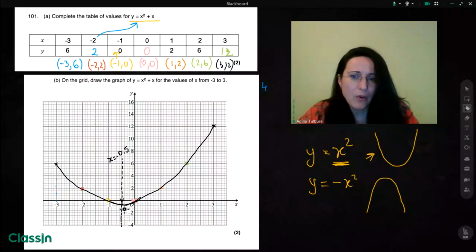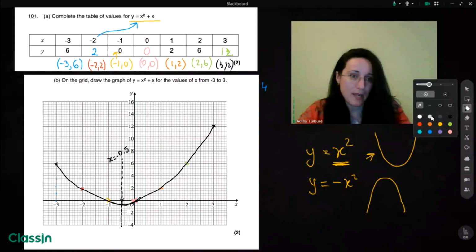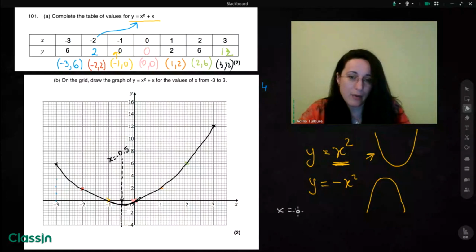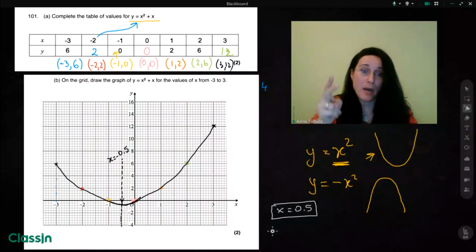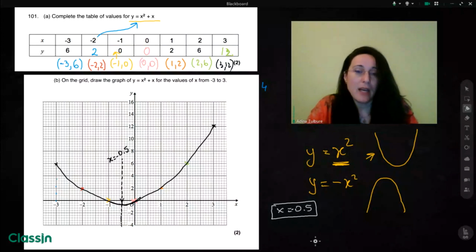So what would be the coordinates of the turning point? Well, it's quite easy to see them here on the graph, but just to be on the safe side, we know the x coordinate, so x equals minus 0.5 for the turning point. That's a definite answer because it's midway through -1 and 0, minus 0.5.